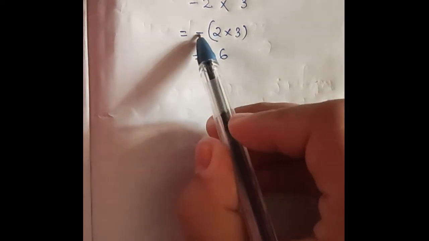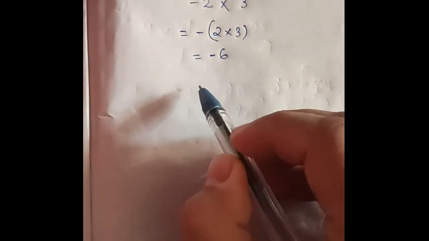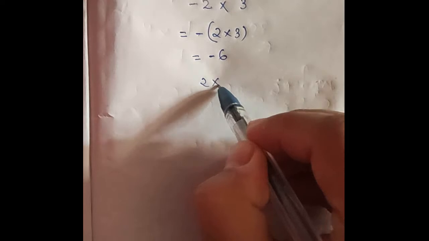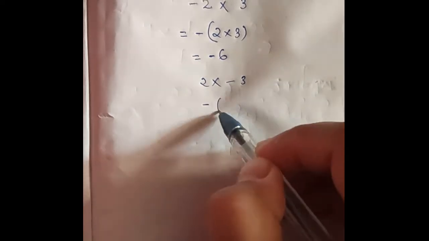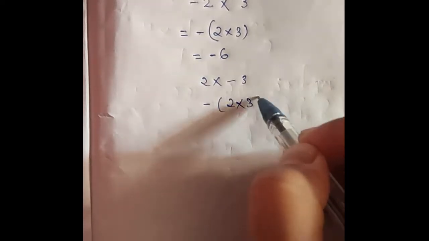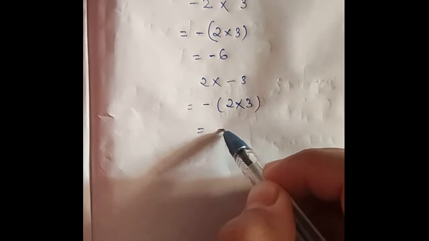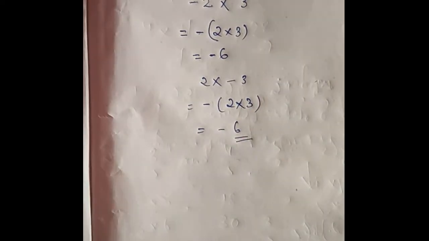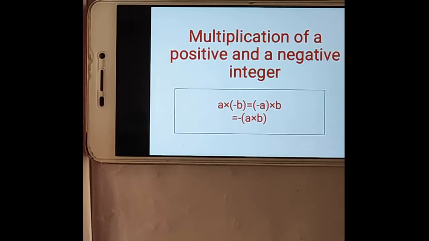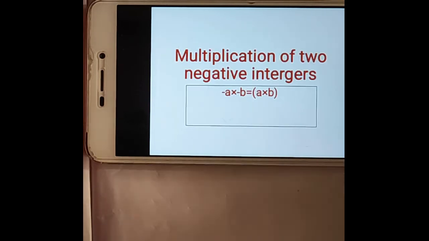Minus will be there because there is a minus. Similarly, if you have 2 into minus 3, then minus 2 into 3 is equal to minus 6. Similar is the result. Do not get confused with this. So this is the multiplication of positive and negative integers. I hope you are clear with this.